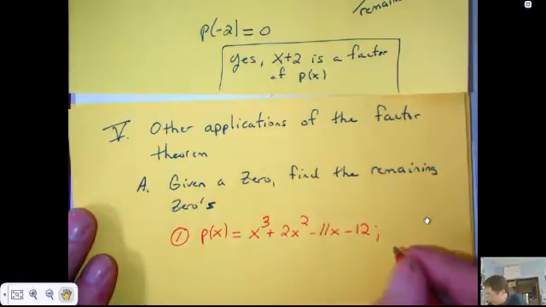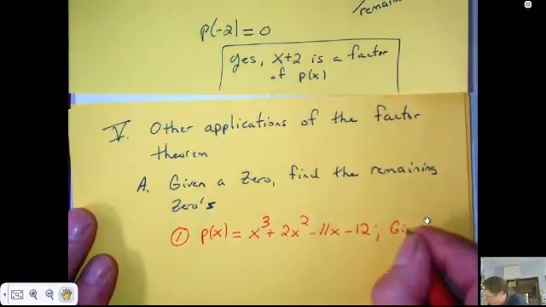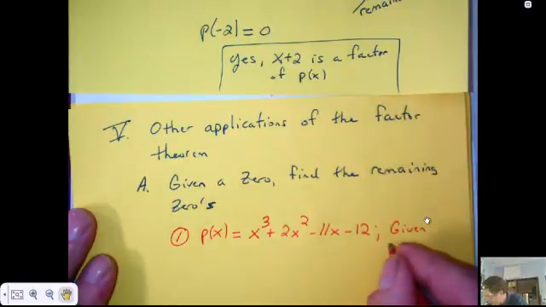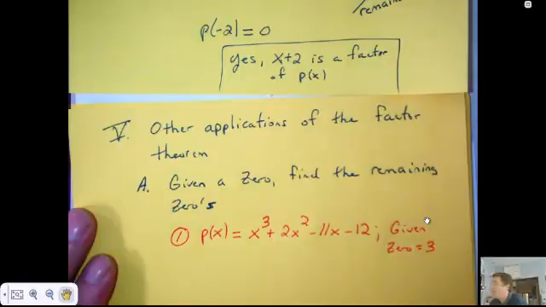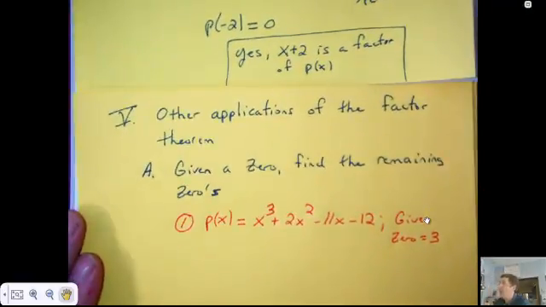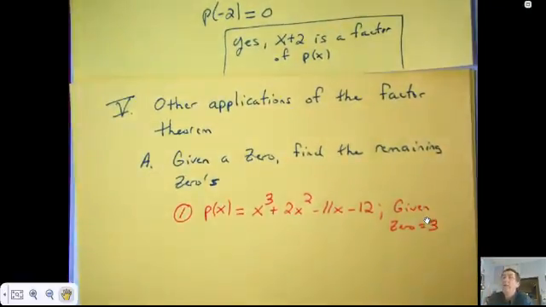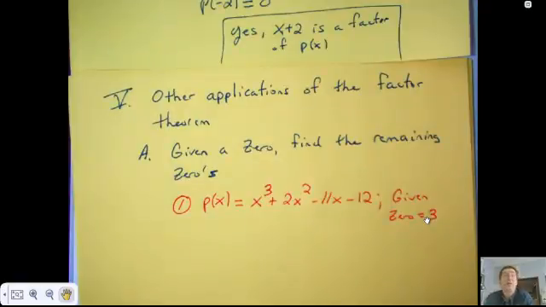And we're given that we have one zero, which is 3. I'm going to find the remaining. So my first question is actually how many zeros, what's the maximum number of zeros on this? The maximum is 3, right? There may be 2 more.